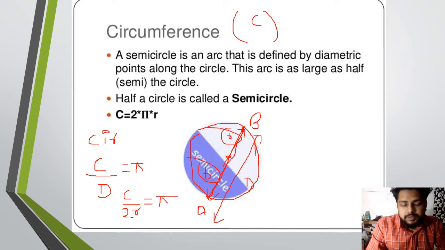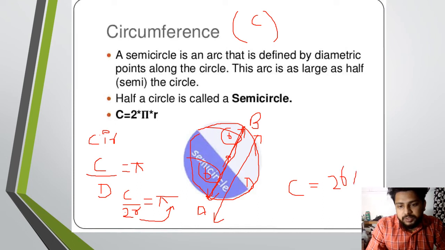And when we put this 2r here, from circumference to here, what do we get? C equals 2r here, 2r, or 1 pi.